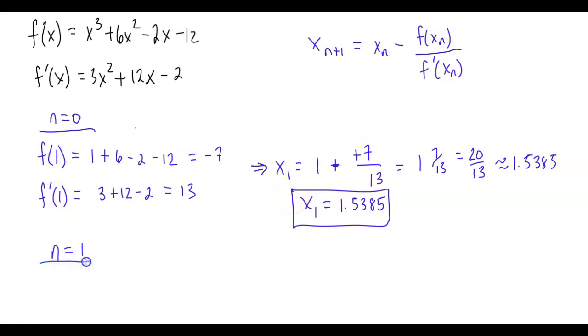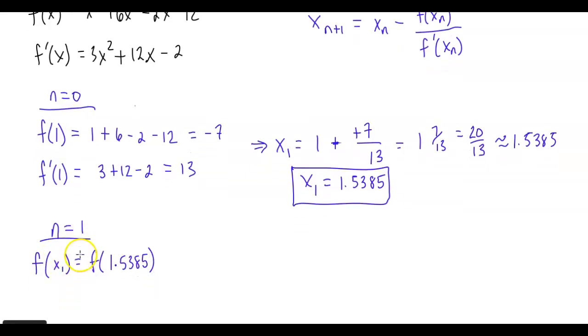And so now we start that process over. Now we have when n is equal to 1. So now we want f of x of 1, or f of 1.5385. We also want f prime of x of 1, which is f prime of 1.5385.